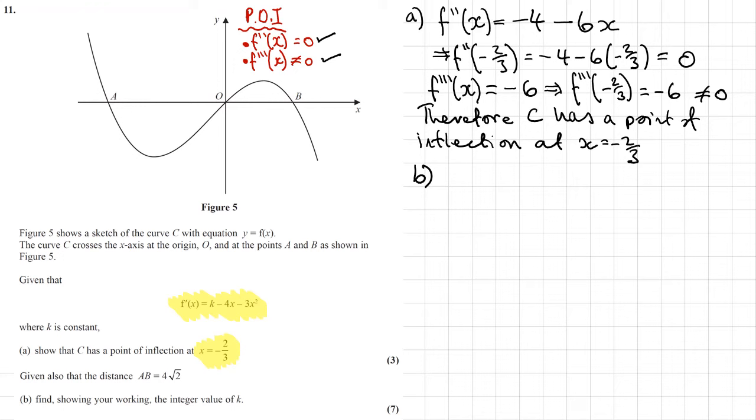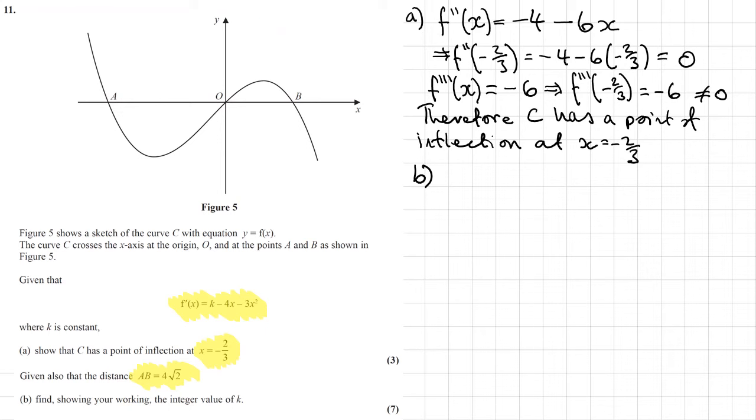Moving on to part B, it says, given also that the distance from A to B is 4 root 2. So let me put that on my diagram. Let's take this out here about the point of inflection.